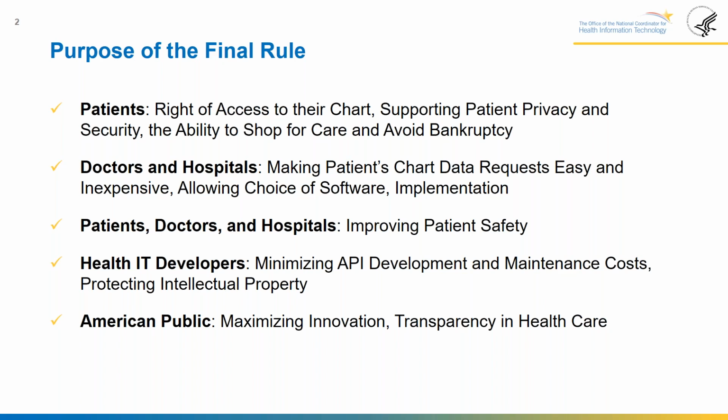Patients, healthcare providers and other stakeholders are also permitted to educate patients on privacy and security matters without implicating information blocking. The rule also enables patients to shop for care and manage their costs, in part by making it so much easier for them to get their information through things like smartphones and apps of their choice.